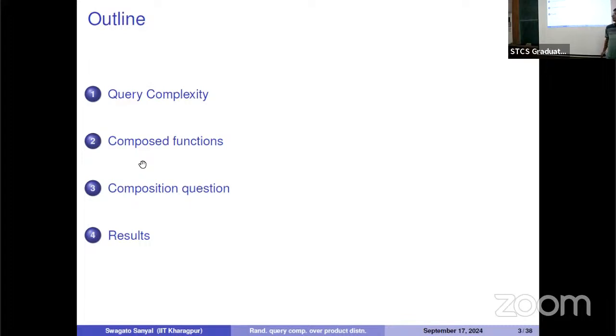And in the third part, I'll introduce the composition question, which is an umbrella term that encompasses pretty much any question that one could ask about composed functions in complexity theory. And we'll instantiate it for the model of computation that we are studying, the query model. And in the final part, I will talk about our findings. So with this, let me introduce the query model to you.